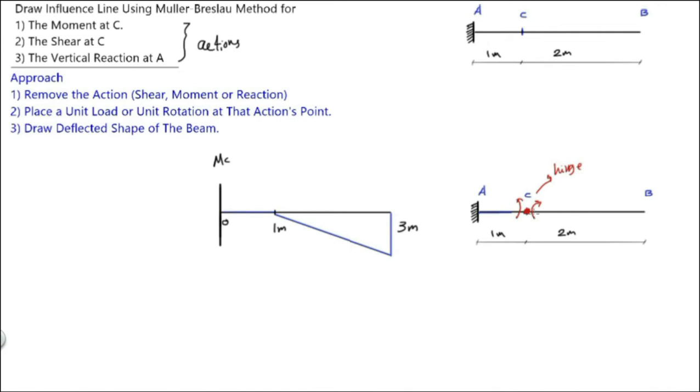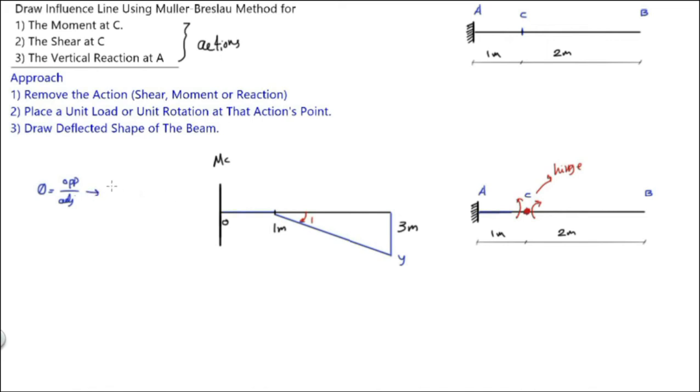Since we rotated the member a unit rotation here, this means the angle here is equal to 1. Now for small angles, this value here, let's call it y, can be calculated by the angle equal to opposite over adjacent.